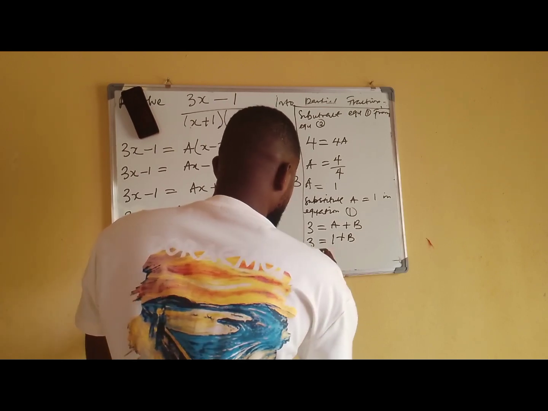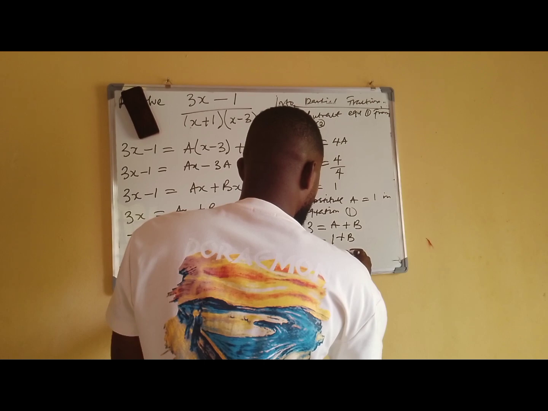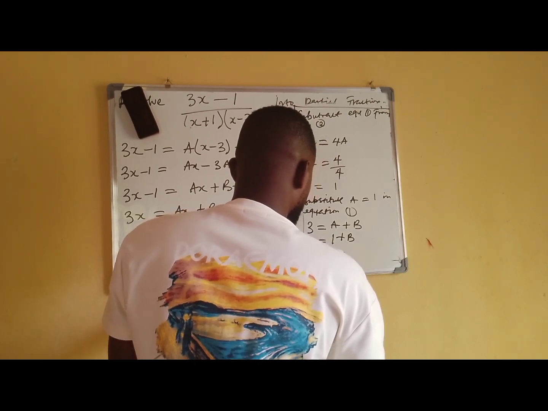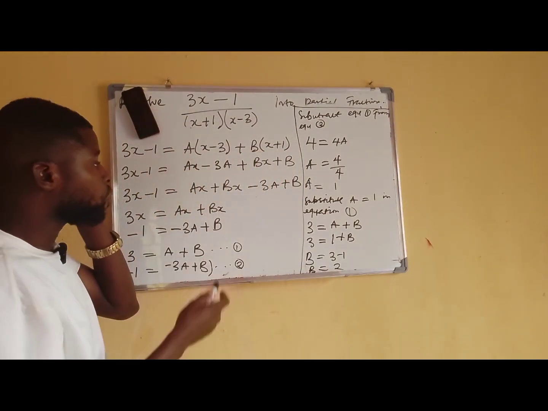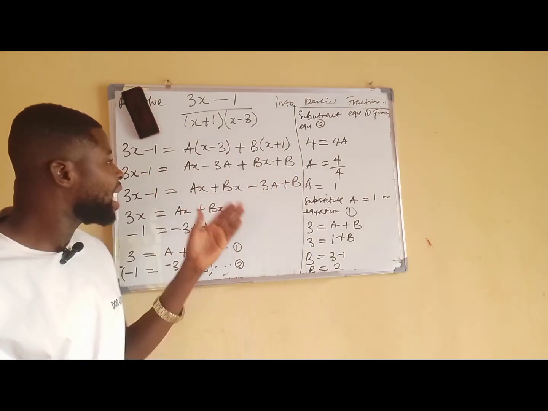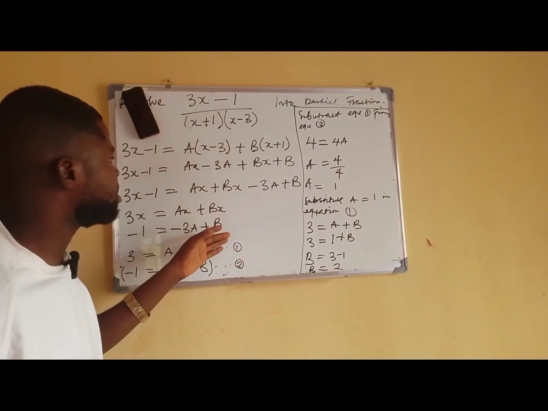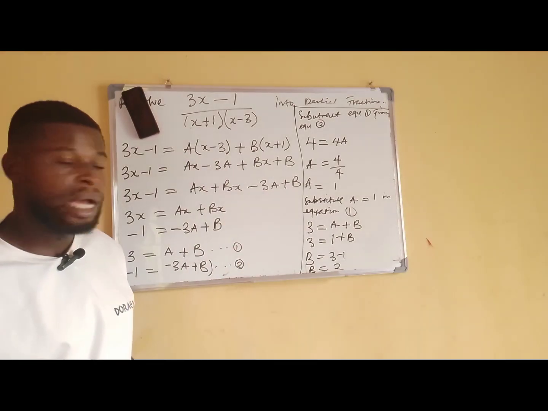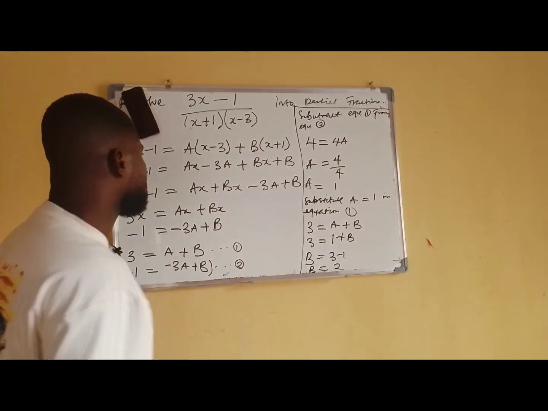Now we say b is equal to 3 minus 1. Now b is equal to 2. Now if you check this, you discover that both of them are giving us the same answer. What is now left for you is either you go by this or you apply a Jordan formula. Both of them are giving us the same answer.